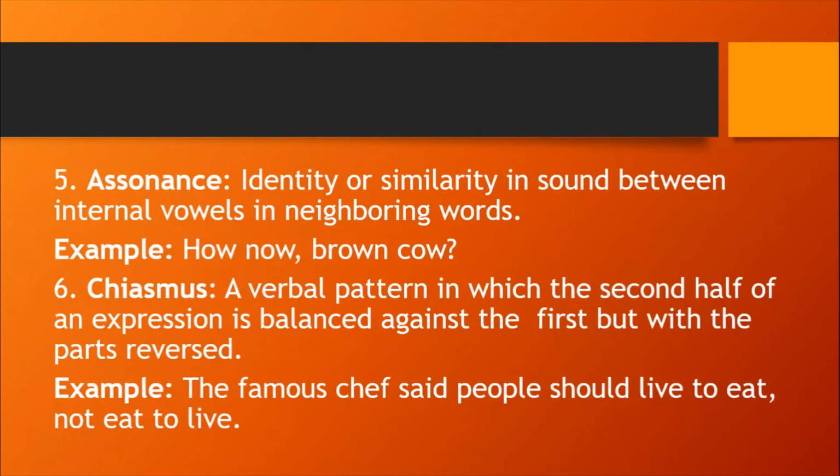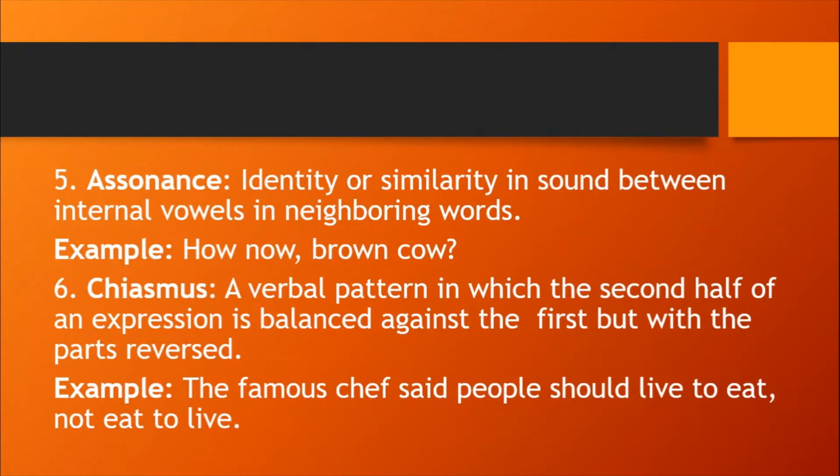Again, a verbal pattern in which the second half of an expression is balanced against the phrase but with parts reversed. Ibig sabihin, yung second half and then yung phrase ang titignan natin. For example, the famous chef said people should live to eat, not eat to live.